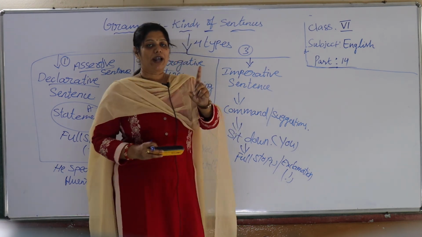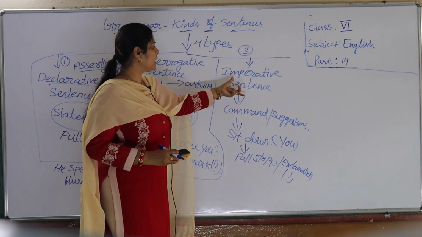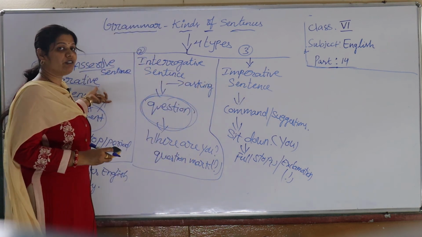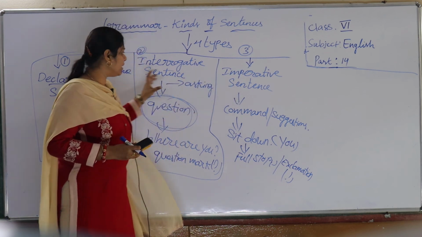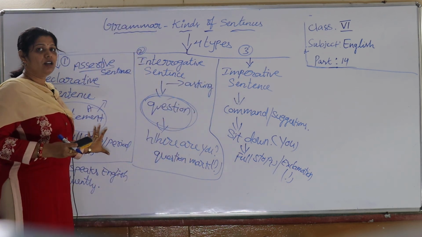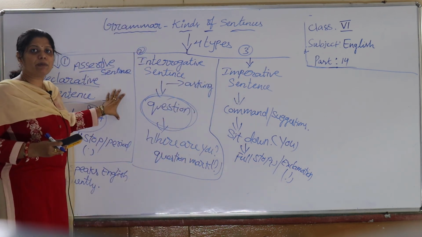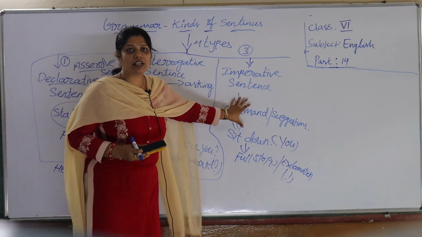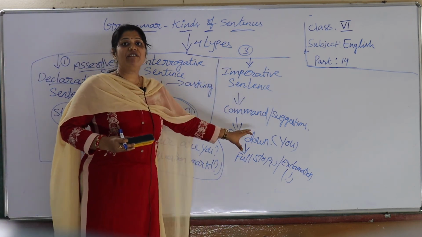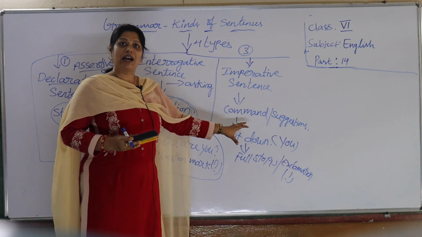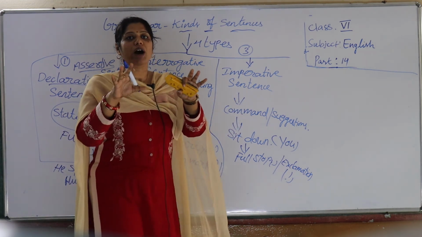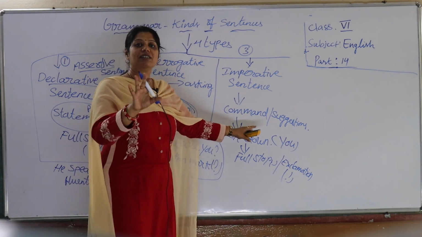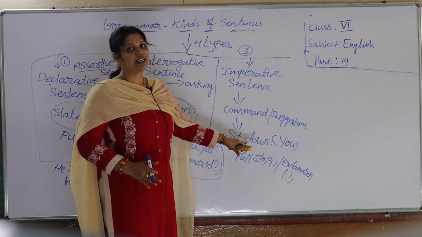So one thing you can identify when it comes to imperative and declarative, the subject is always you in imperative, and here you have different kinds of subject. So the subject will be visible to you, and in the imperative sentence, the subject will be invisible to you. Understand? Where you cannot see the subject, but you understand the subject is you, which is hidden in the sentence.